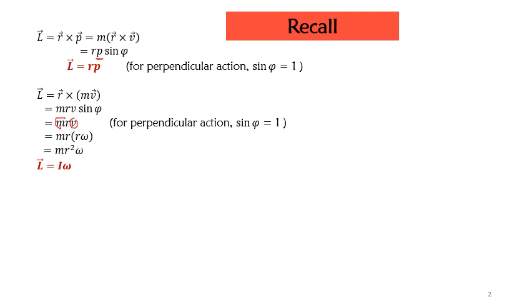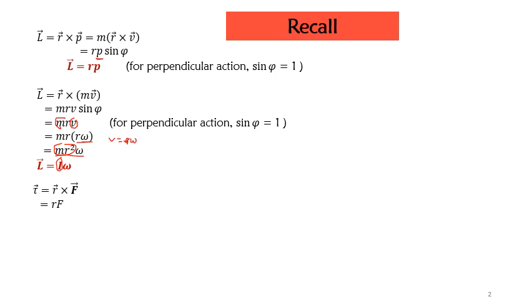And recall that linear velocity, or tangential velocity, is the product of the radius of rotation and the angular velocity of the body in circular motion. So if you substitute that, you have the expression m r squared omega, and m r squared is marked as the moment of inertia of the rotating body.